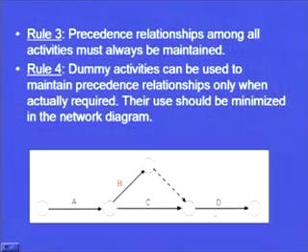D activity is dependent on both activity B and activity C. Suppose there is another activity called E which is only dependent on B. So, if we are not using this dummy activity and B is also going here, which although is wrong as compared to rule number 2, but if activity E is starting from this point and going in this direction, this means that activity B and activity C both are immediate predecessors of activity E, which is not correct. Only B is the immediate predecessor of activity E.